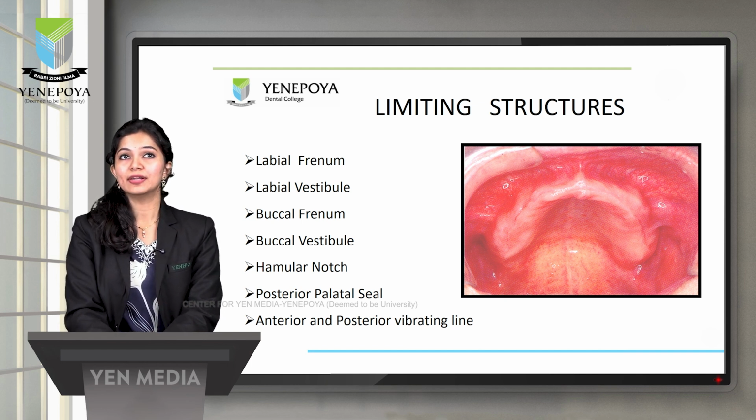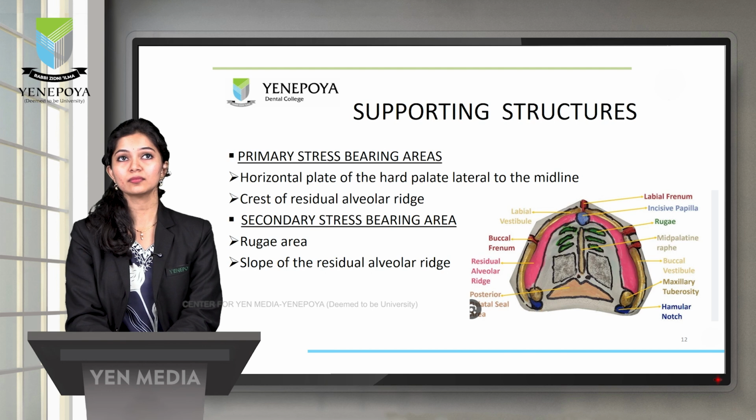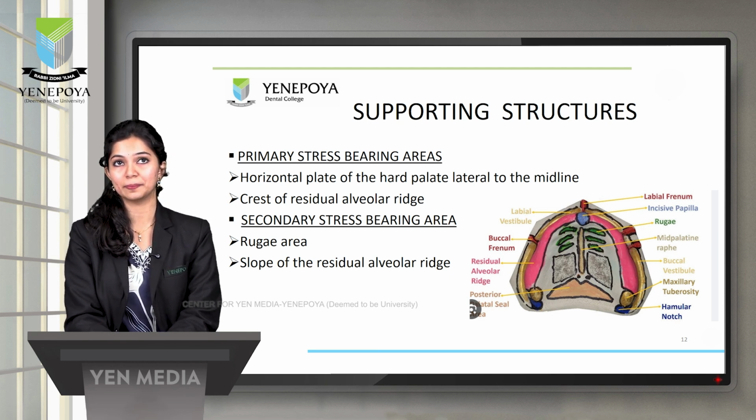So first you have limiting structures. In that you have labial frenum, labial vestibule, buccal frenum, buccal vestibule, hamular notch, posterior palatal seal area, anterior and posterior vibrating line. Supporting structures include primary and secondary stress bearing areas. Under primary, you have two landmarks, that is the horizontal plate of the hard palate, which is lateral to the midline, and the crest of the residual alveolar ridge.